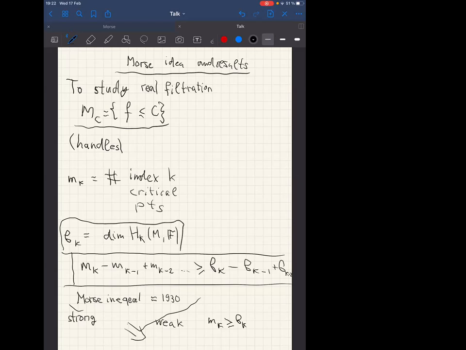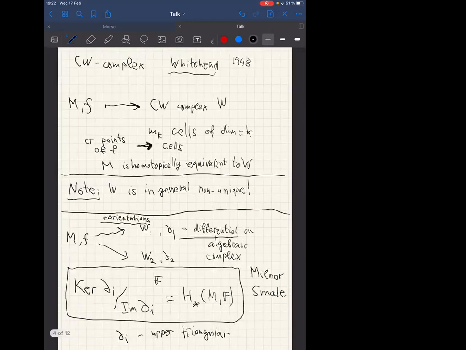And immediately we can get the corollary, the weak Morse inequalities, which are just M_k greater or equal than b_k. And it was done almost 100 years ago.